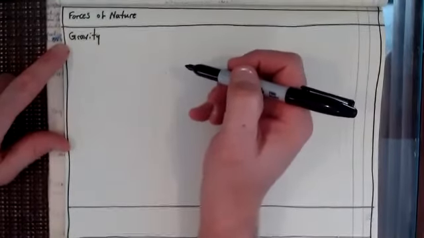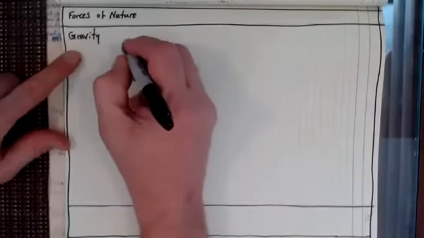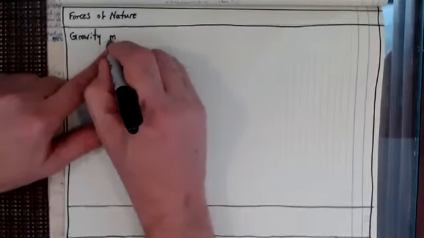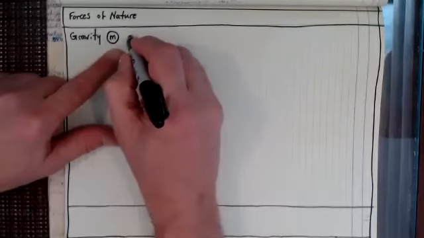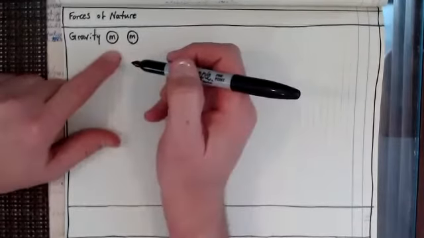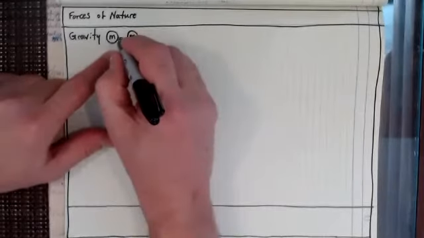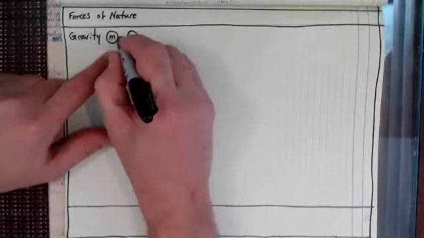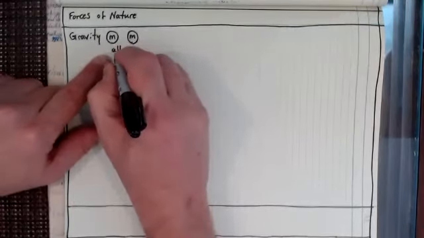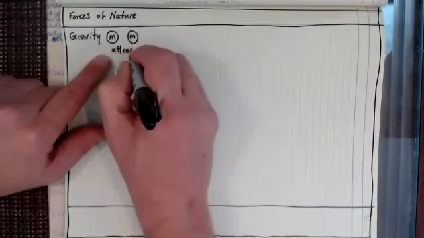Gravity is a force, and gravity is a force between 2 masses. So if I have one mass here and I have another mass here, they're not repelled, right? They are only attracted to each other. So we always have attraction.